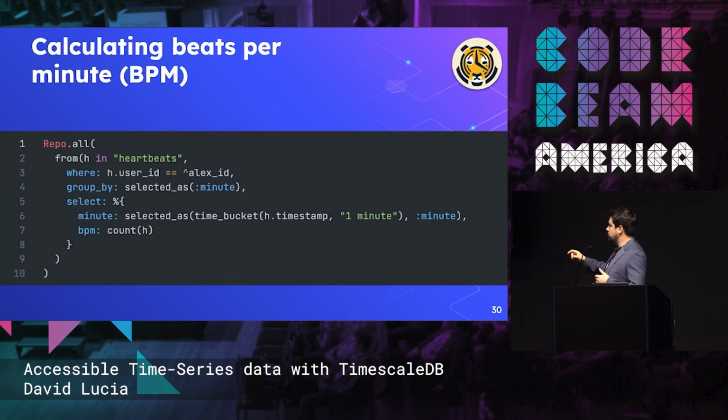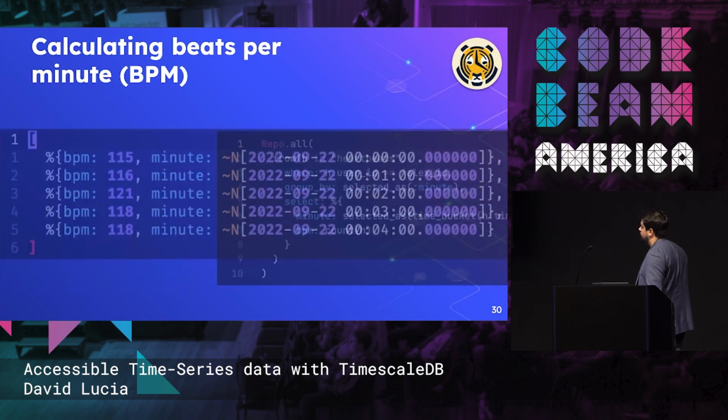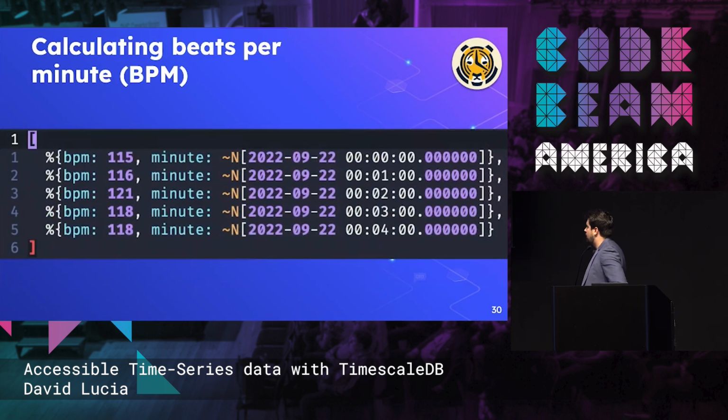And then we're just going to sum up the number of heartbeats and call that our beats per minute on line 7. And just like that, we've got roughly around 115 beats in each of these minutes, with some variance there. And each of these time buckets are exactly on the minute.